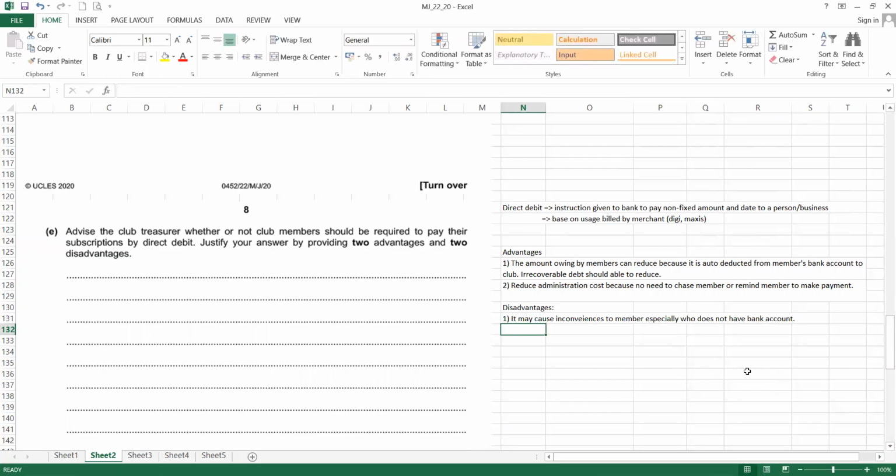How to make it into 2 points? Some may cause inconveniences to members, especially who do not have a bank account.